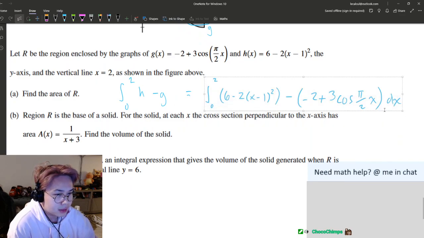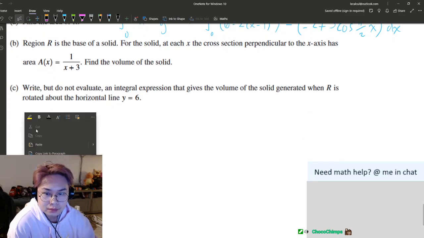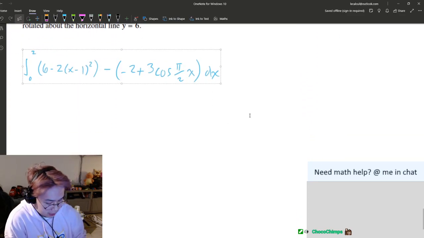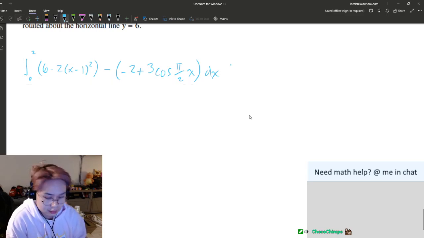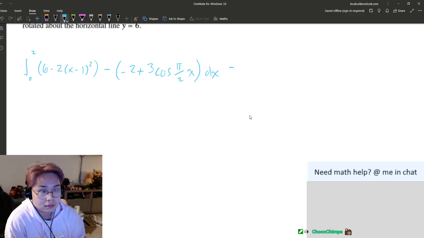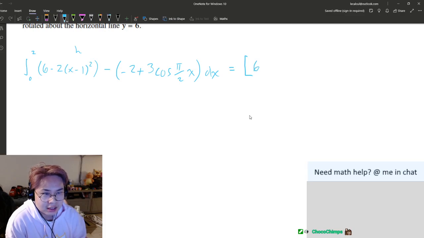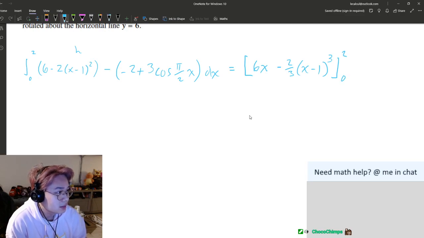Okay, oh boy, here we go. I need more room for this. Alright, let's just integrate this one thing at a time. So I'm going to integrate H first. This is going to be 6x minus 2 over 3 times (x minus 1) cubed, and then that's from 2 to 0.